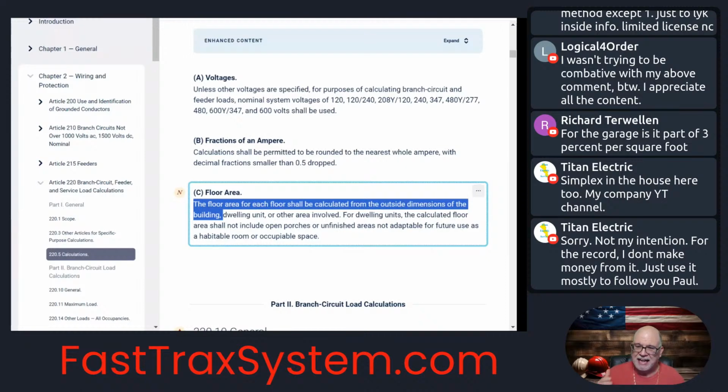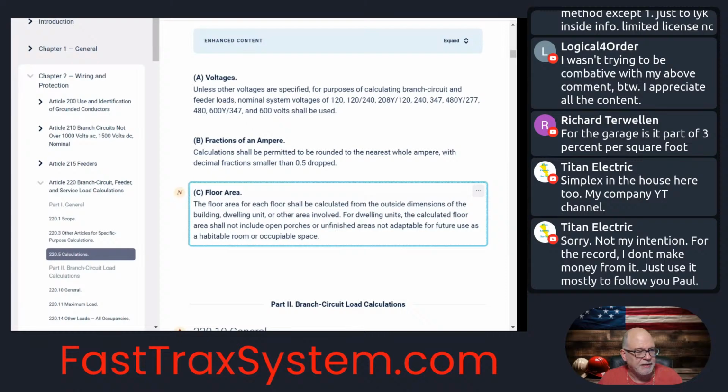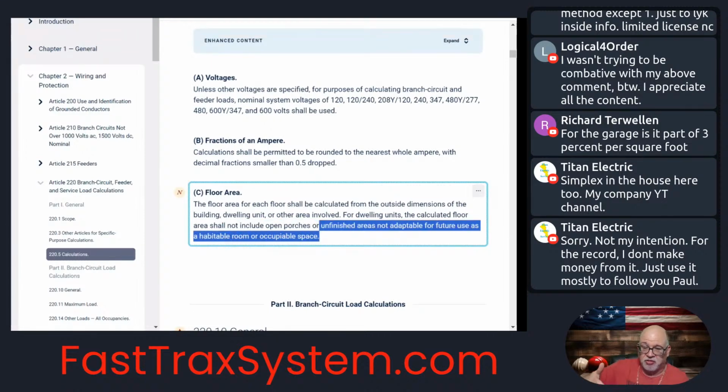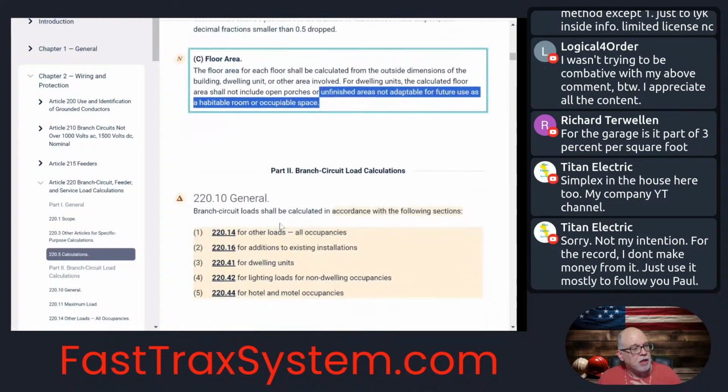You have to look at the outside dimensions of the actual dwelling or building in question. Then it says, for dwelling units, the calculated floor area shall not include open porches or unfinished areas not adaptable for future use as a habitable room or occupiable space. Well, a garage is adaptable, and in the previous edition, garage appeared in here, so you omitted it up front. That's changed for the 2023.